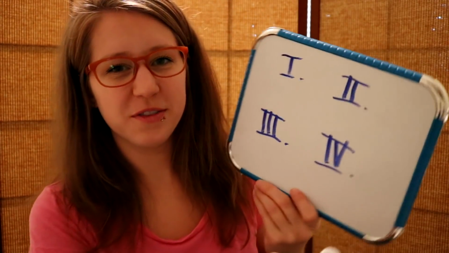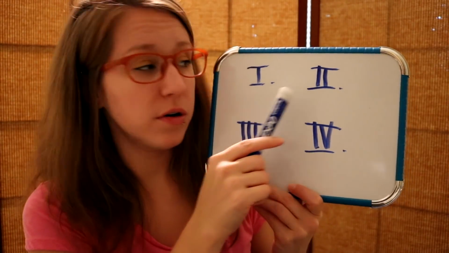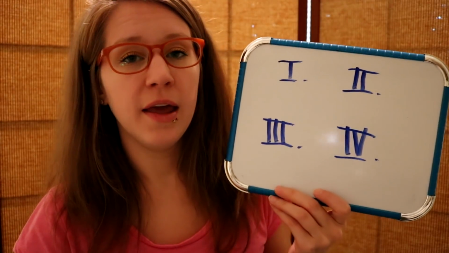My first ever French teacher used to talk about the different order of verbs, and she would use Roman numerals to say these are verbs of the first order, second order, third order, fourth order, and so on.